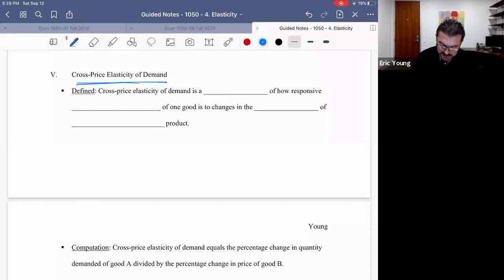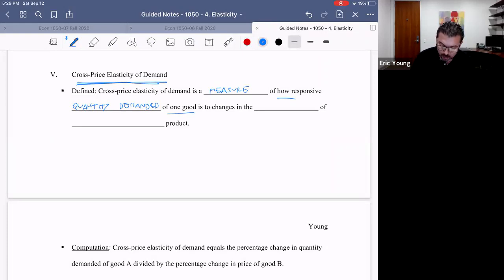So the cross-price elasticity of demand is defined as a measure, as always, of how responsive quantity demanded of one good is to changes in the price of another product.